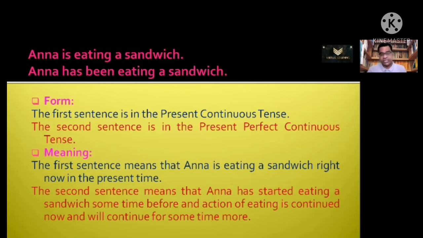It indicates the present continuous tense. Whereas the second sentence is in the present perfect continuous tense. You have a structure here like subject Anna, has plus been plus eat plus ing. So this structure indicates that this sentence is in present perfect continuous tense.